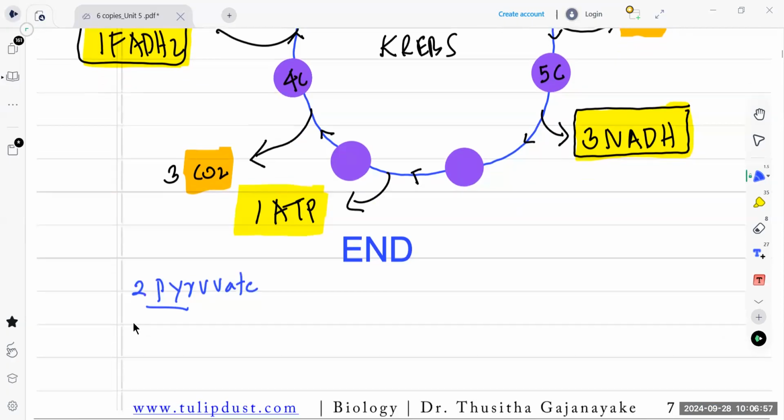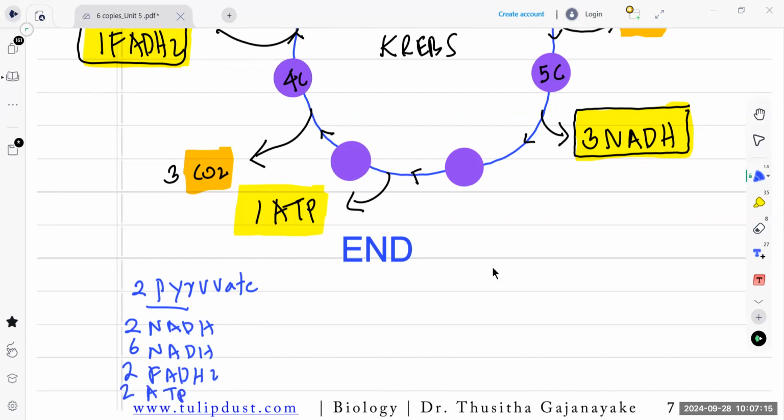In the link reaction, they produce 2 NADH. In the Krebs cycle, 6 NADH, 2 FADH2, and 2 ATP molecules. So what I showed for one pyruvate, with 2 pyruvate molecules, produces 2 NADH in the link reaction and 6 NADH, 2 FADH2 and 2 ATP in the Krebs cycle.